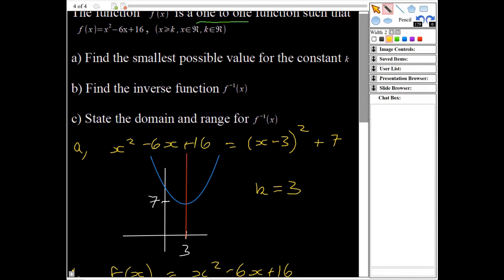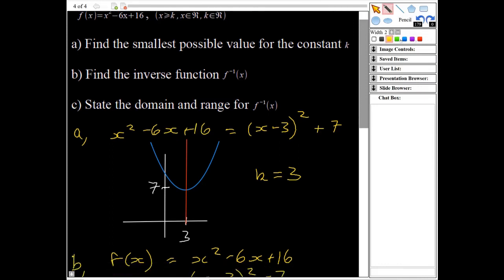So if I'm talking about f of x, x has to be greater than or equal to 3. And then the range, you can see here from my graph, the output has to be greater than 7. It can't be less than 7 because the quadratic comes down here and the minimum point is at 7. So f of x has to be greater than or equal to 7.